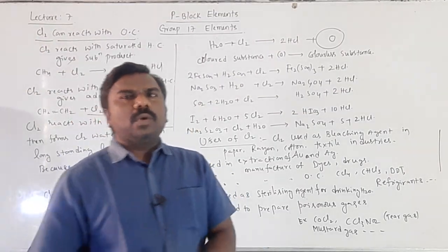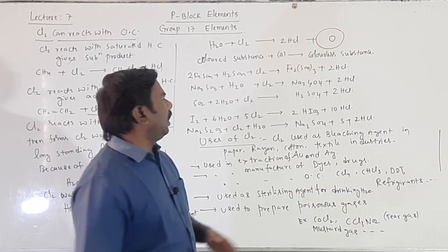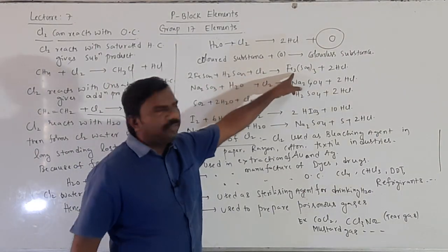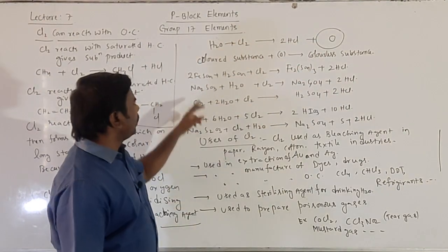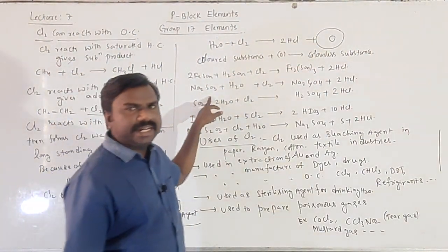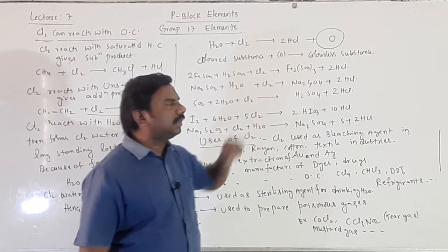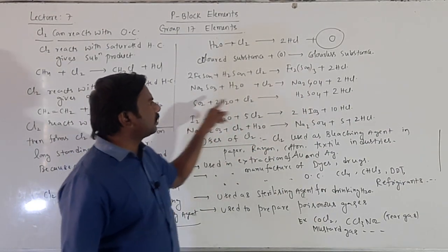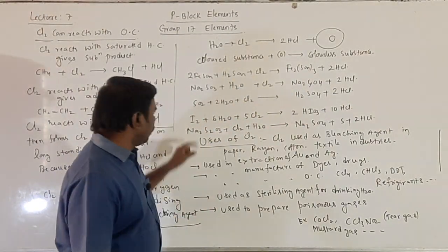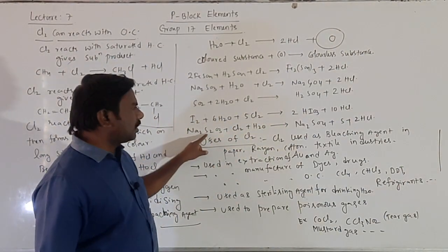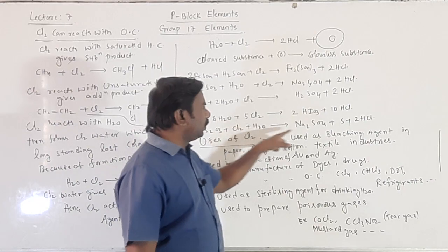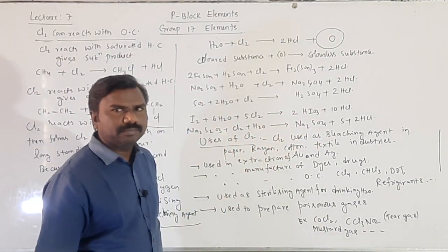So chlorine acting as an oxidizing agent oxidizes ferrous sulfate to ferric sulfate, colored substance to colorless substance. It oxidizes sodium sulfite to sodium sulfate. It oxidizes sulfur dioxide to sulfuric acid. It oxidizes iodine to iodic acid. It oxidizes sodium thiosulfate to sodium sulfate.